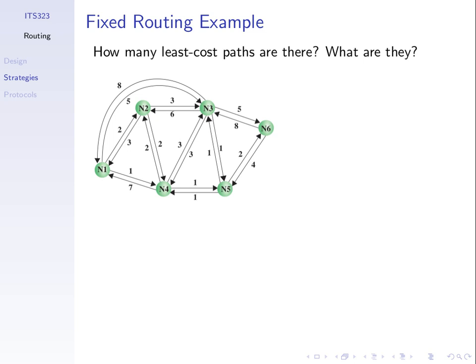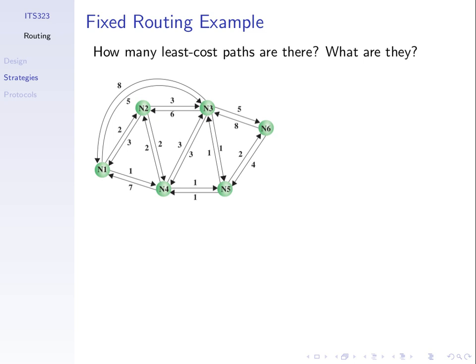Node 5 looks into its table. To reach node 1, send to node 4, and sends it to node 4. Node 4 looks into the table. To reach node 1, send to node 2. Would send to node 2. Node 2 would then look in its routing table and say, to reach node 1, send it direct in this case. And then node 1 would receive it.